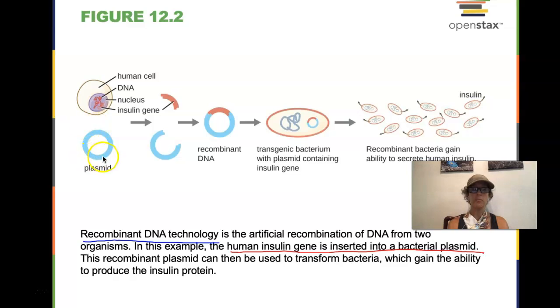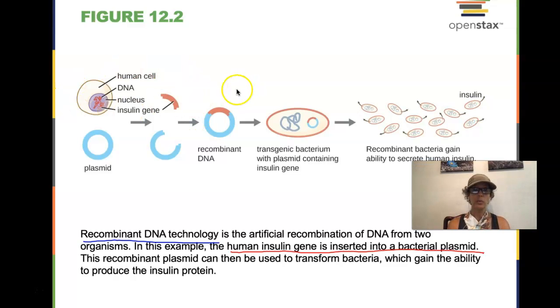Plasmids are circular pieces of DNA found in bacteria, and we can nick or cut this plasmid, creating ends that are the same as the insulin gene. Specific enzymes are used to do that. And then we can seal this human DNA into the plasmid because, again, DNA is a chemical. The origin, the species of that chemical doesn't really matter.